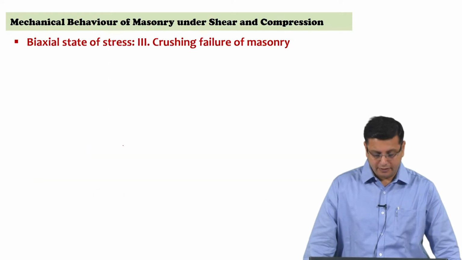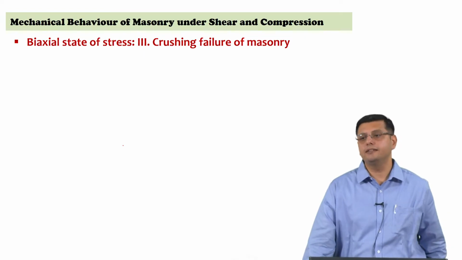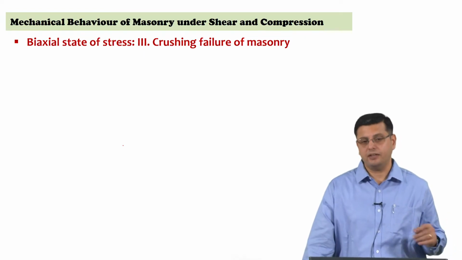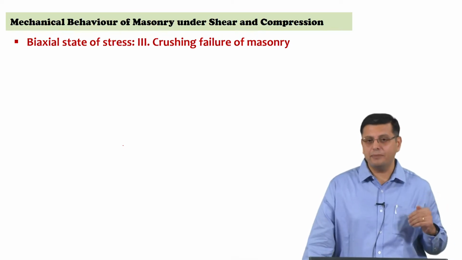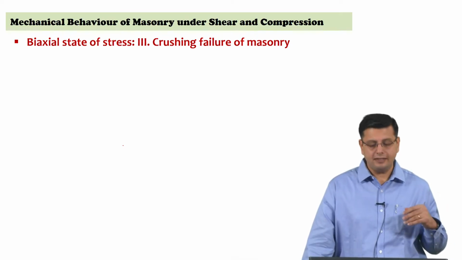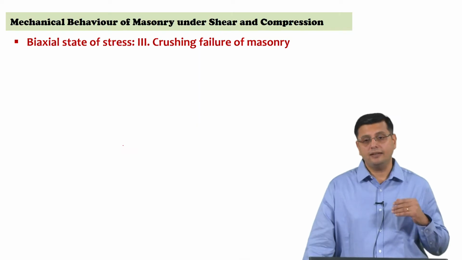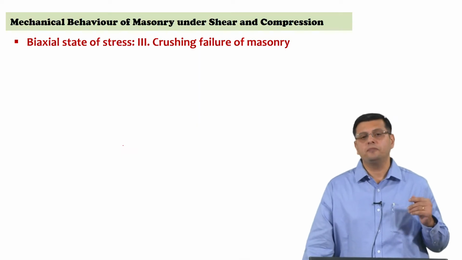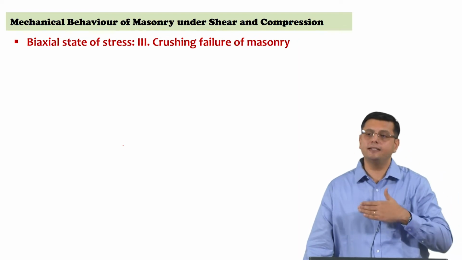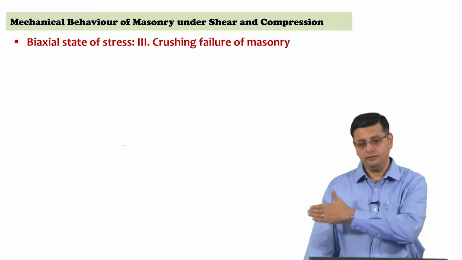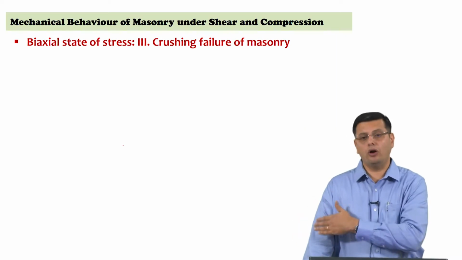The third criterion that we look at is failure due to crushing of the masonry, and this was the third failure mechanism that I had mentioned. And here what we are really talking of is a combination of the lateral force and the high precompression that already exists in a wall.